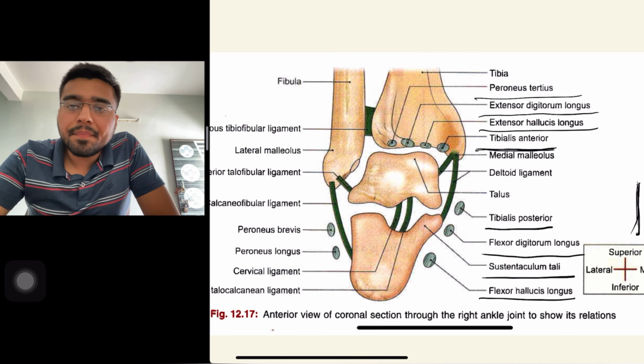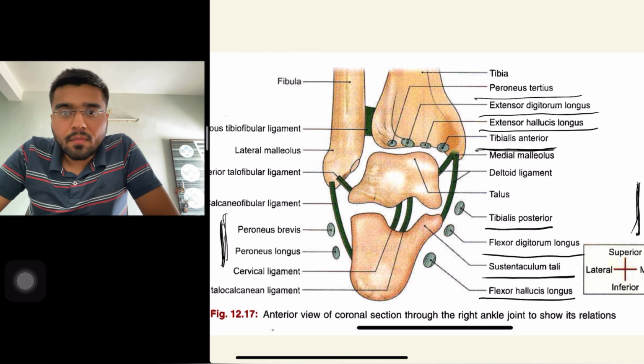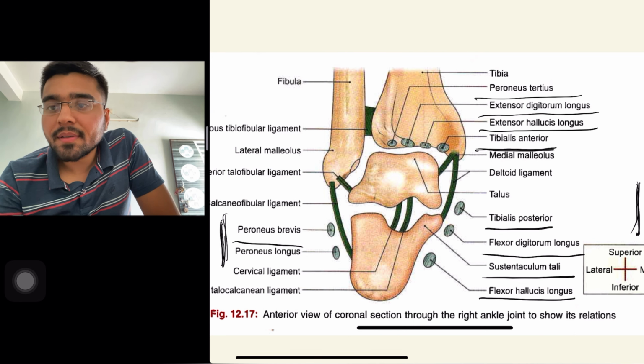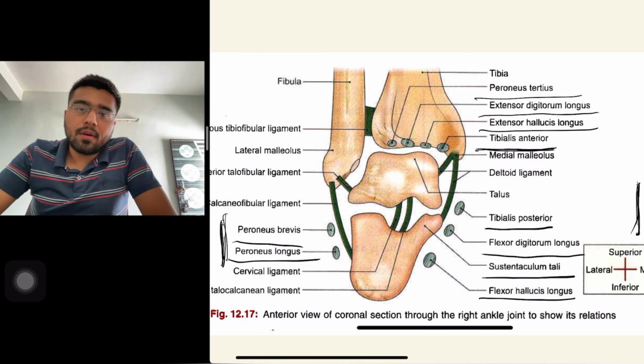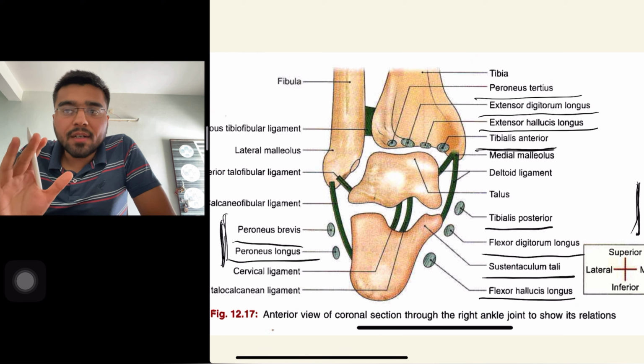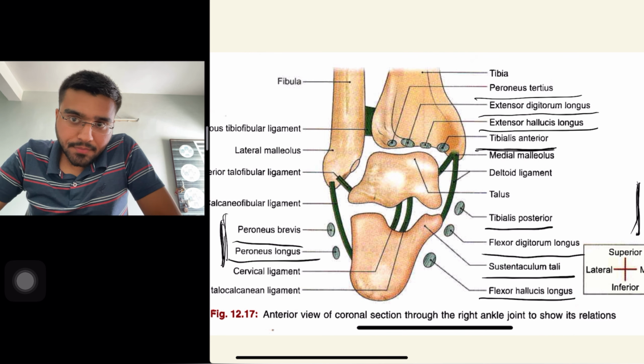And this side is the posterolateral side of the ankle joint, and the posterolateral relations are the peroneus brevis and peroneus longus. This is a very crisp figure that you have to know by your imagination in coronal view.